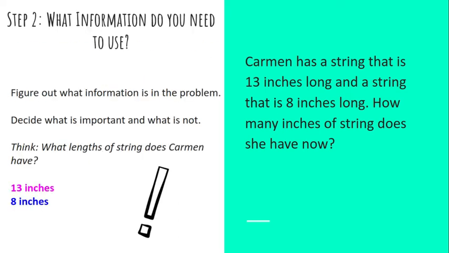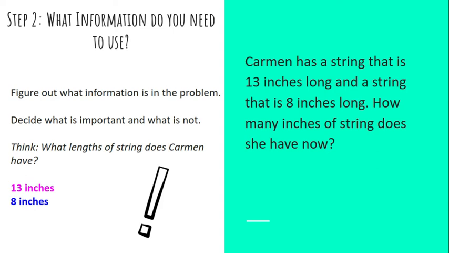Step 2, what information do you need to use? We need to figure out what information is in the problem and decide what is important and then what is not important. I know her name is Carmen and I know that she has strings, but this doesn't really matter. I can think about her name as something different and it wouldn't change the problem.